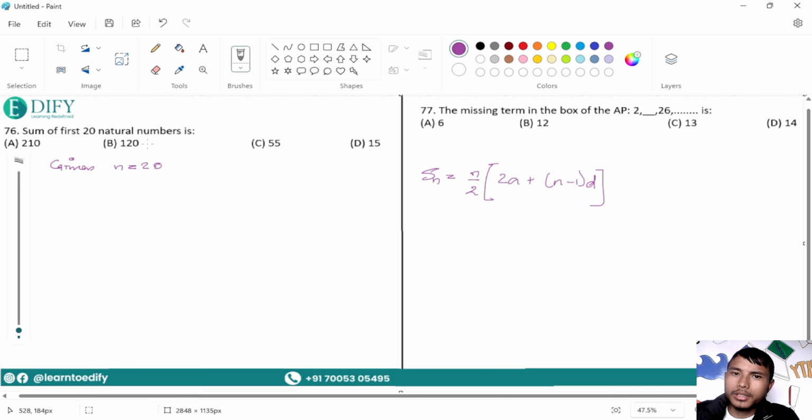Now natural numbers start from 1, and the common difference is 1, 2, 3, 4, 5, so it is nothing but 1.